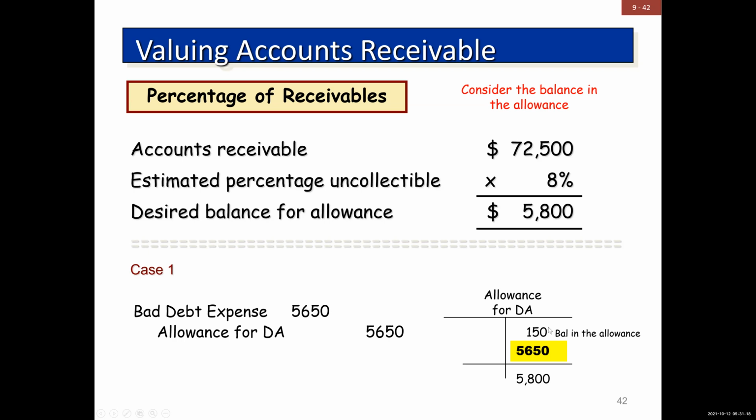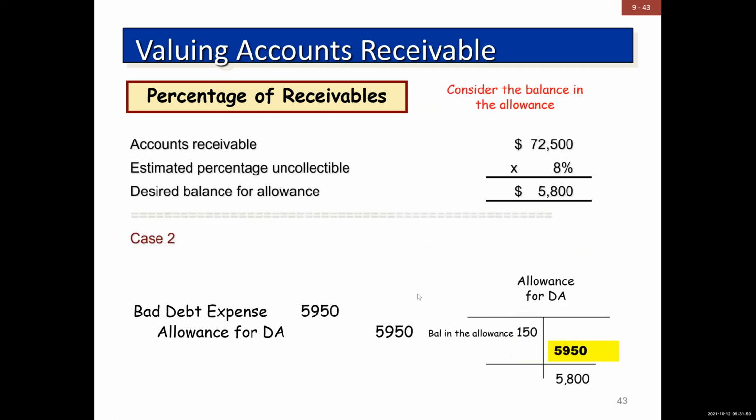There's a balance. We have to consider the balance in the allowance. So we don't need the whole 5,800, right? Because we already have 150 in there. We only need 5,650. Because how do we get a credit balance of 150 up to where it's supposed to be, 5,800? Well, we need 5,650. See what I'm saying? We don't need the full 5,800 because we already have 150 in the allowance account.